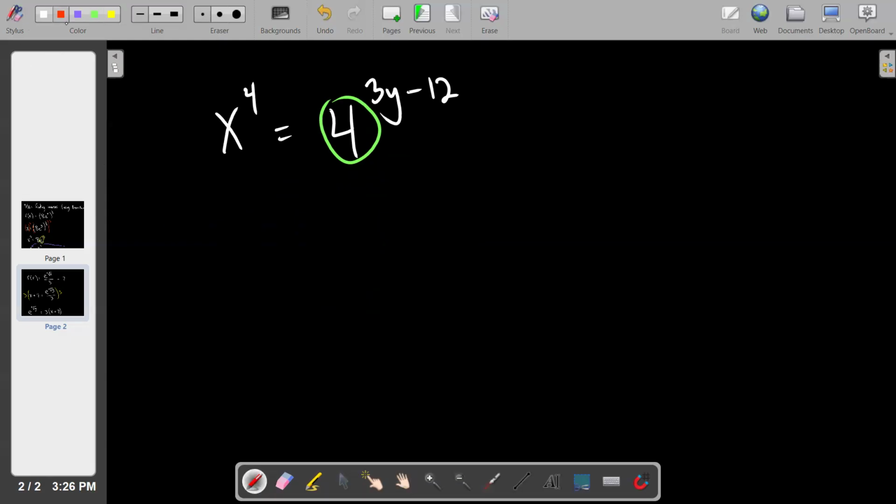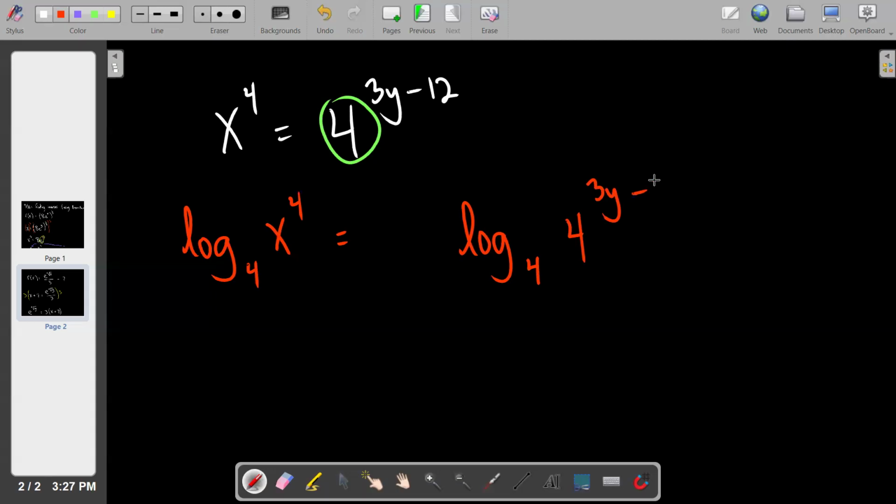We're going to take on the left side a log with a base of 4, and we're going to say log base 4 of x to the fourth. And on the right side, we're going to do log base 4 of 4 to the power of 3y minus 12. And then you can bring it down.